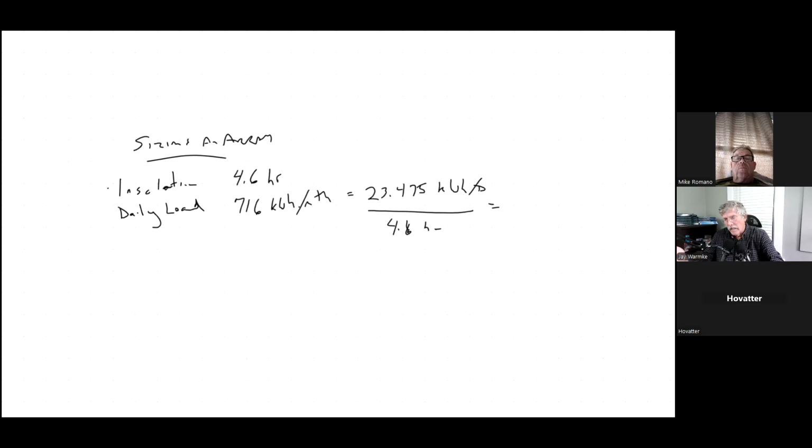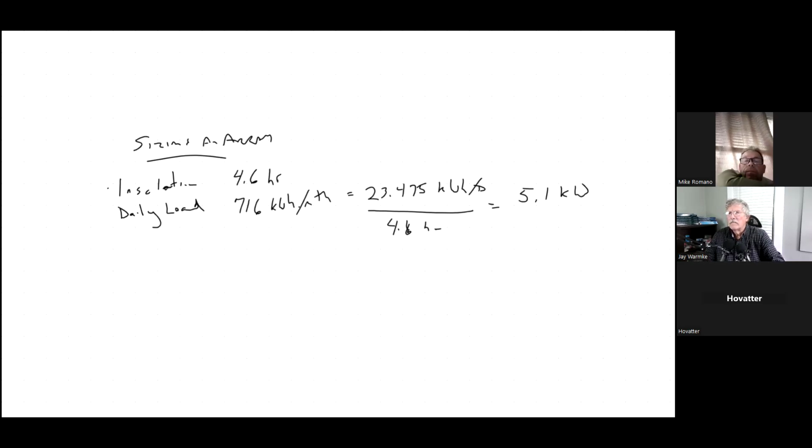I plugged in what's the angle, what's the azimuth, what's the location, and it gives me an average insolation. And this is going to give me a 5.1 kW. So that would be the size of my array if it were 100% efficient.